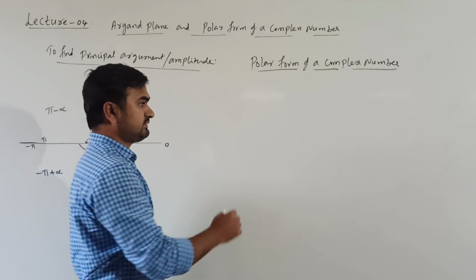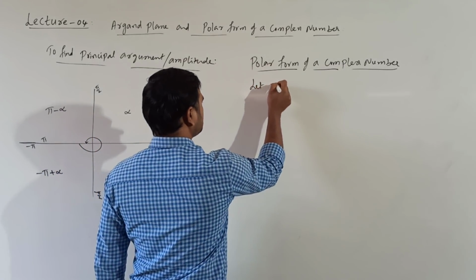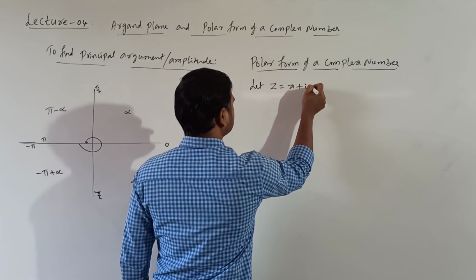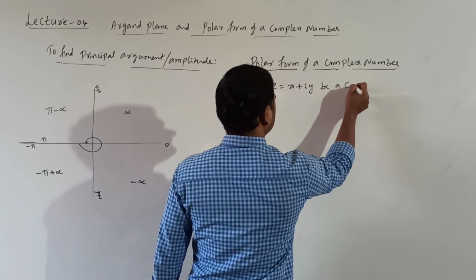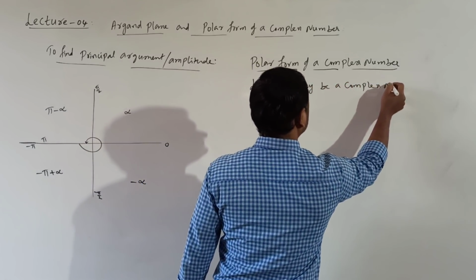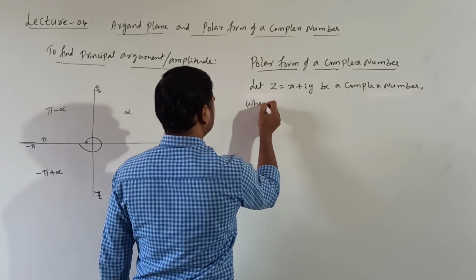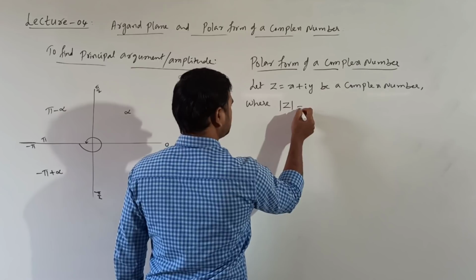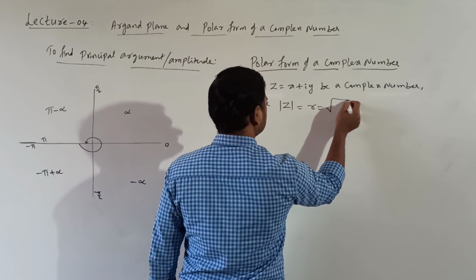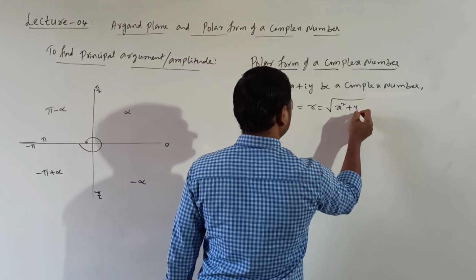Polar form of a complex number. Let z is equal to x plus iy be a complex number where modulus of z is r, which is root of x square plus y square.